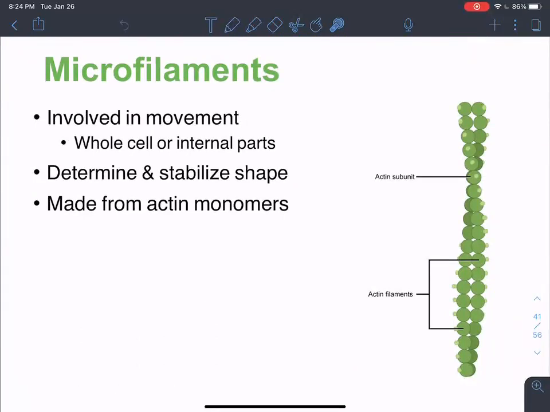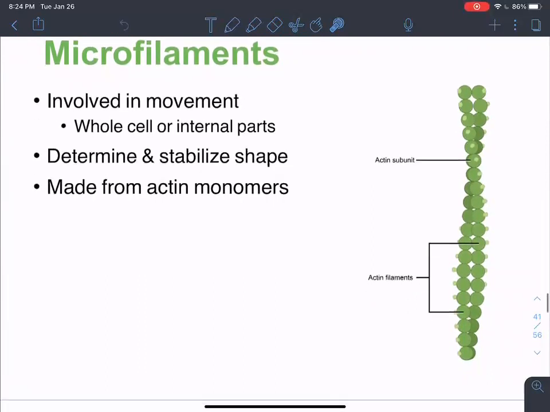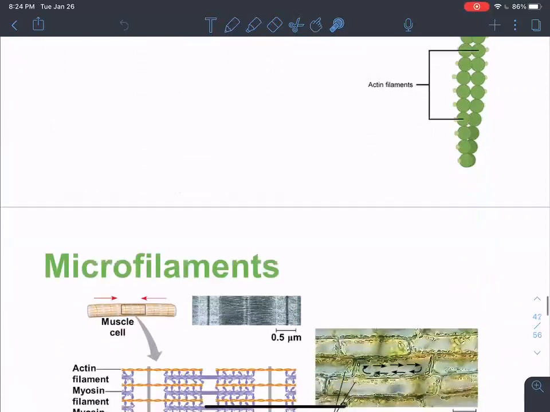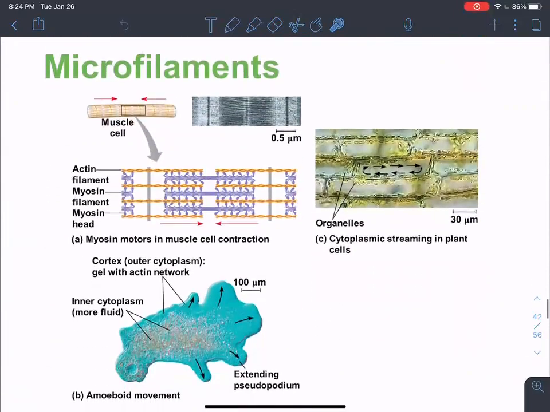And they're going to be made from these actin monomers. Each one of these dots is an actin subunit or a monomer strung together to form actin filaments. Okay, so those are what comprise microfilaments: the actin monomers strung together to form actin filaments.